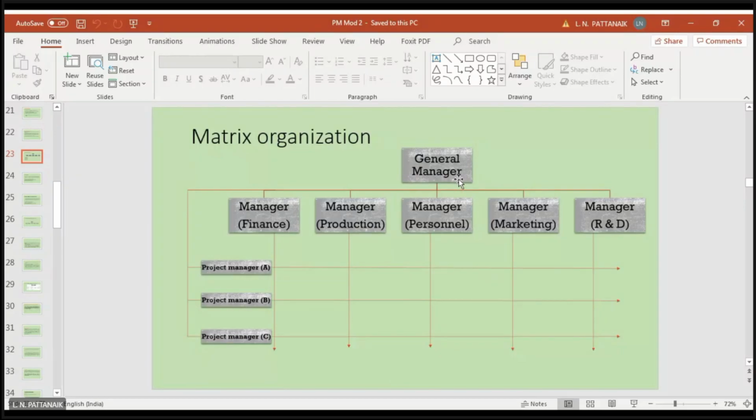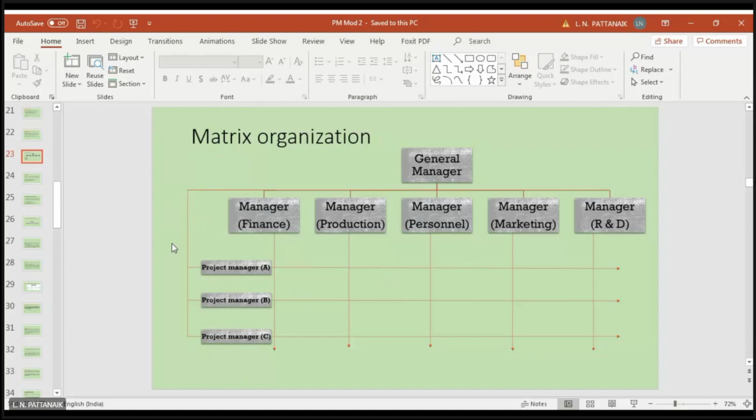The modified matrix structure is a small modification made just to relax the GM from the burden of individual project managers. You add a block parallel to the functional managers. You may give any designation like manager projects. In many companies you will find such a designation.